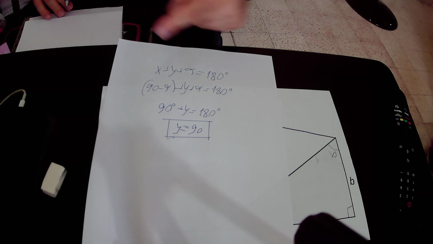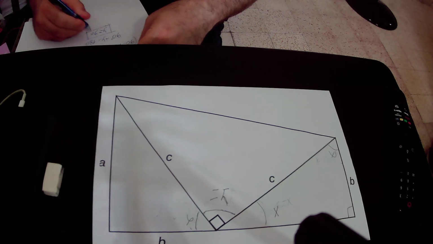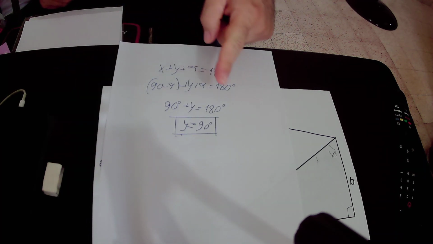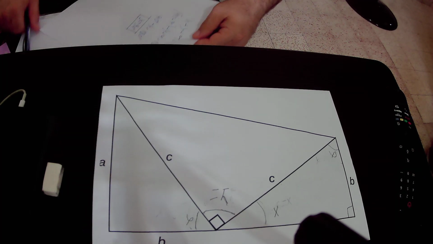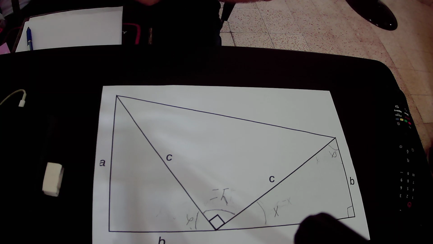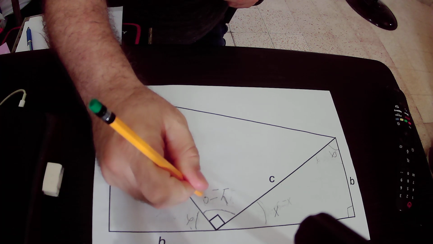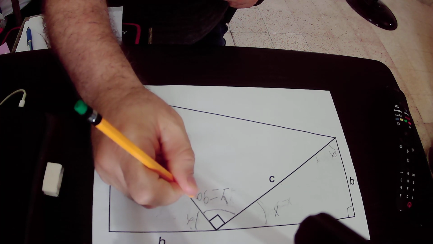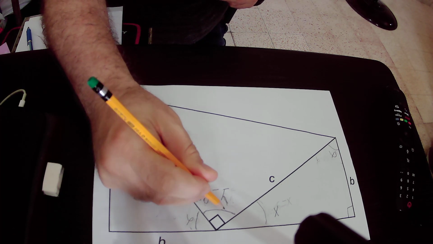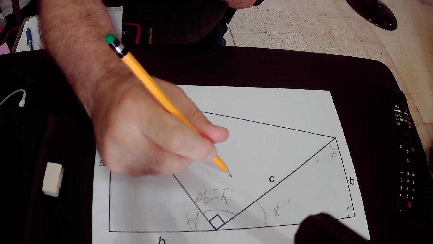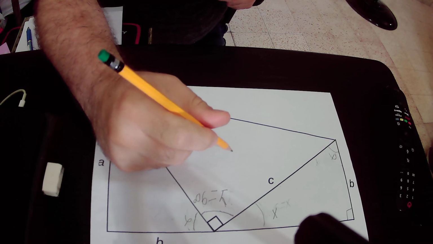We got that y equals 90 degrees, so we can say that the middle triangle is a right triangle.